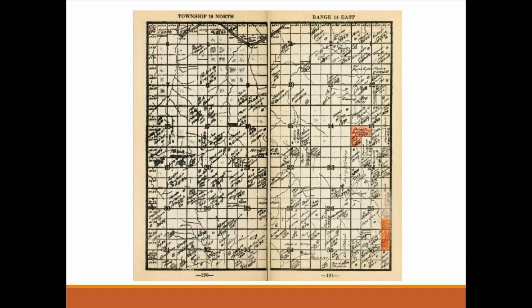So we start with 1, we go to the left, 2, 3, 4, 5, 6, drop down 1 row, 7, 8, 9, 10, 11, 12, drop down again. So we just keep zigzagging back and forth until we get to number 36. And there's 36 sections in a township.